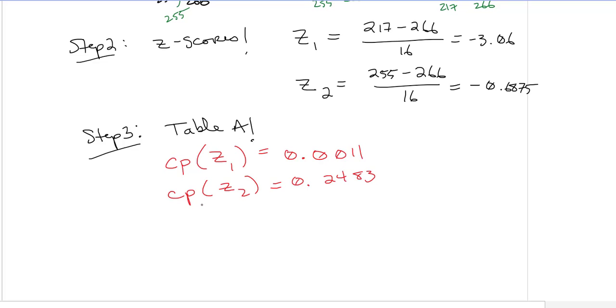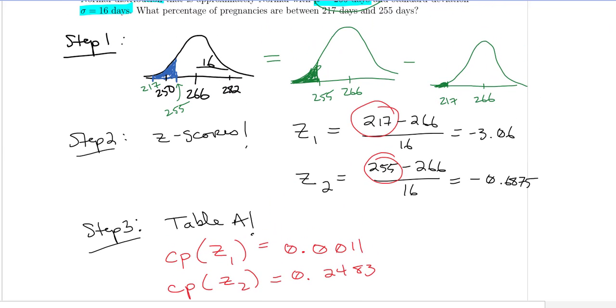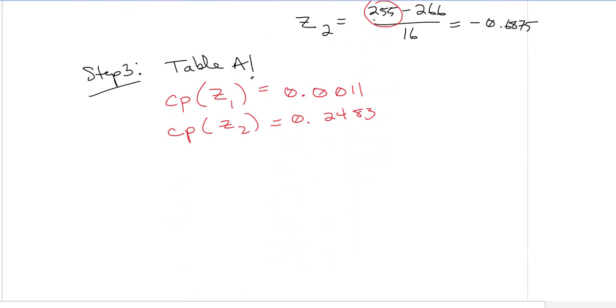Okay, so we said we wanted to take one cumulative proportion and subtract it from the other. Well, we want to take the proportion associated with 255 and subtract the cumulative proportion associated with 217 from that, right? That's what our diagram is saying, in order to find the non-overlapping area.